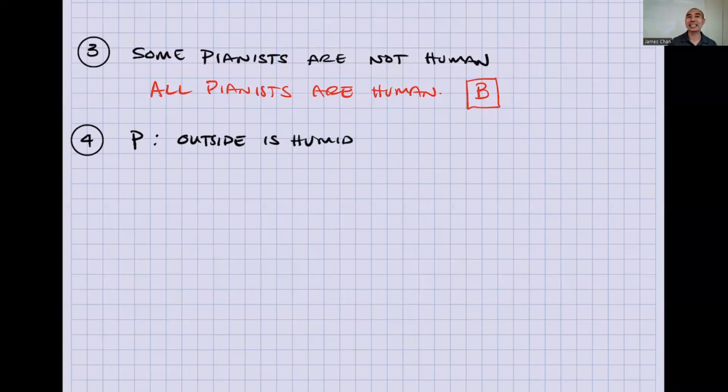Q, shorthand: the basement dehumidifier is running. I'm just going to say dehumidifier is running.